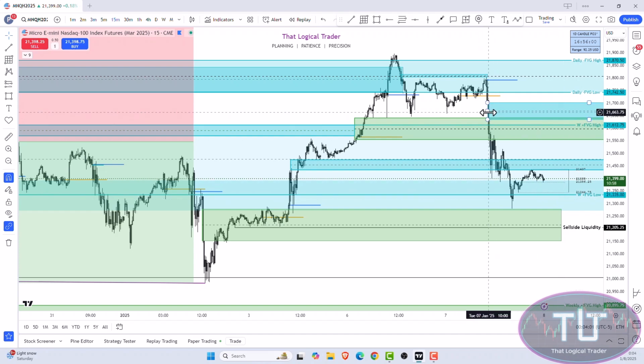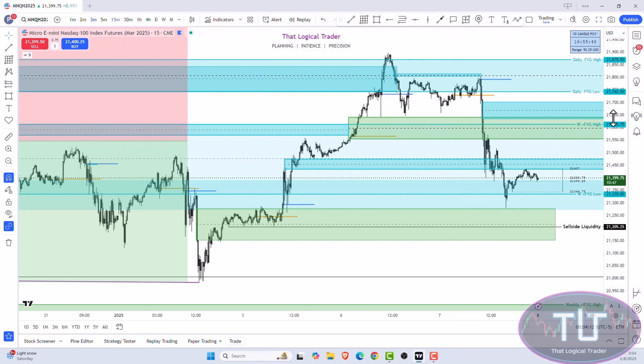But as we have 8:15, 8:30 and 2 p.m. news tomorrow, there's a lot of manipulation probably that's going to happen. So most likely not going to be touching the AM session. We'll be working out and working on some other stuff.